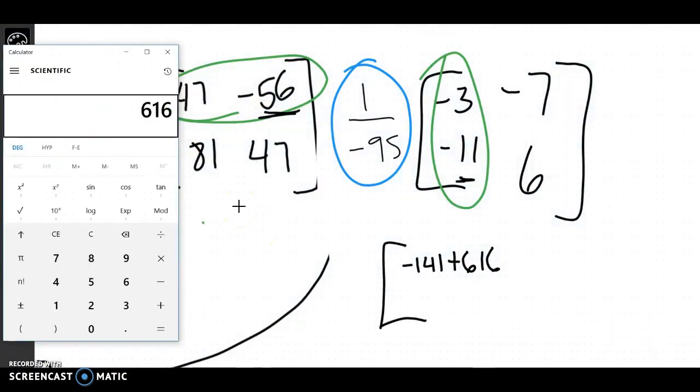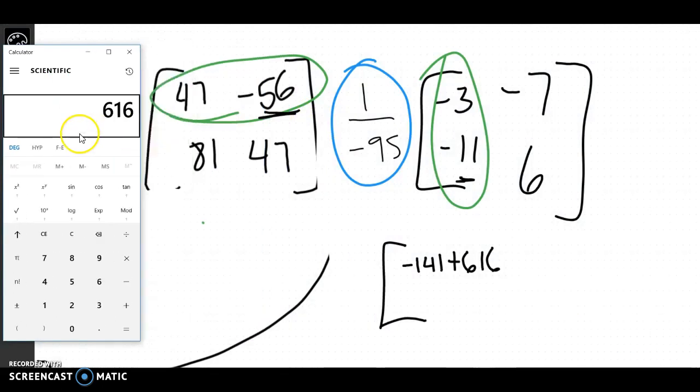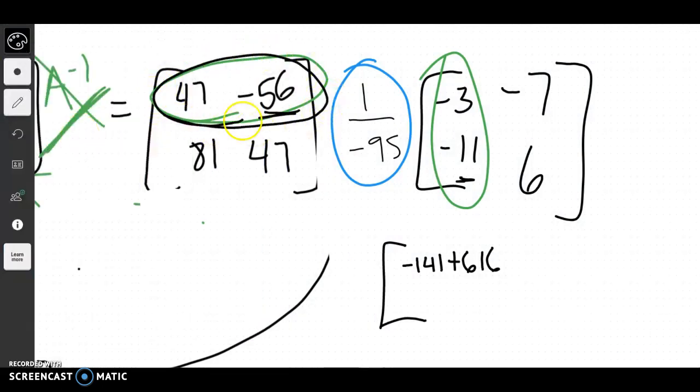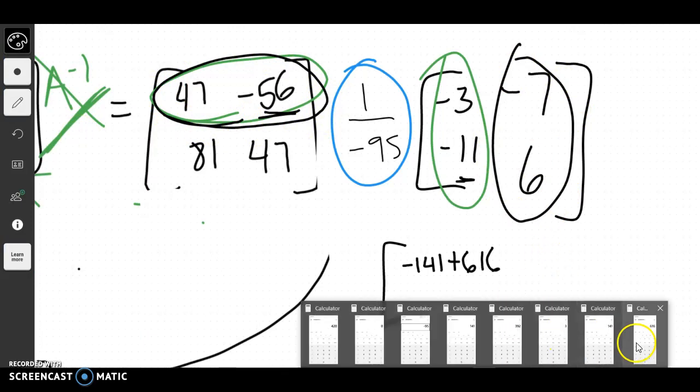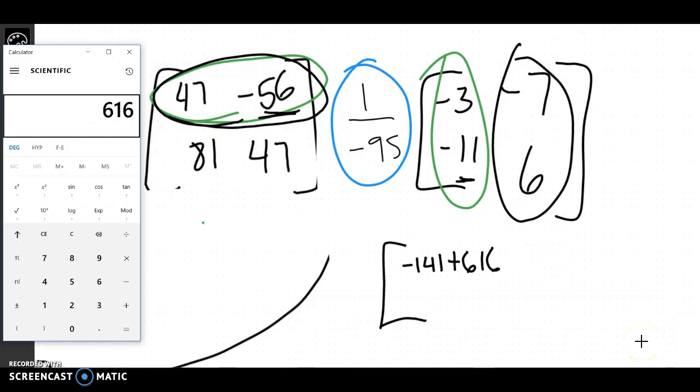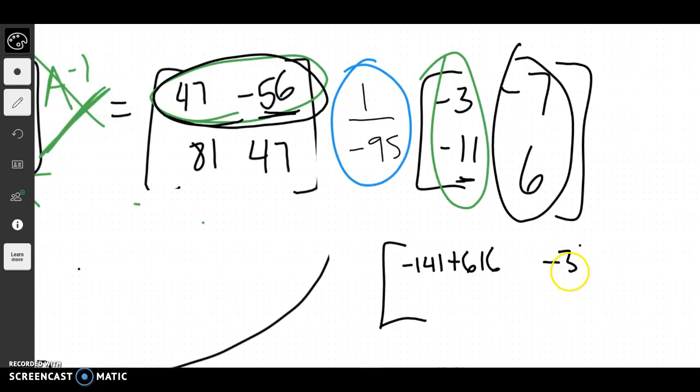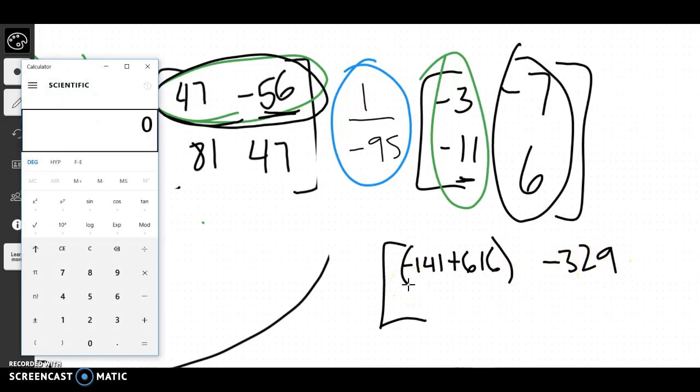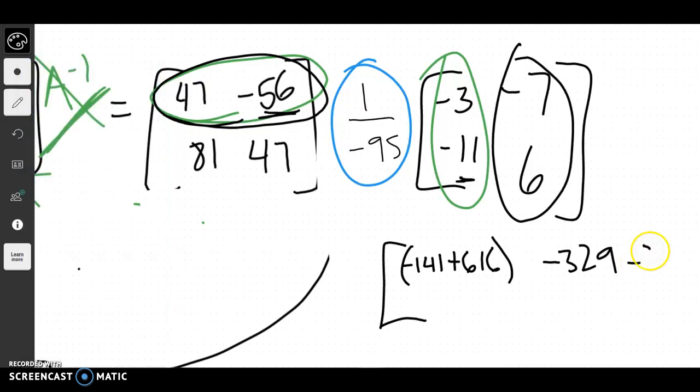And then we're going to go this row by this column. So let's do those multiplications really quick. So we'd have 47 times 7, which would give us negative 329. And then negative 56 times 6, which gives us negative 336.